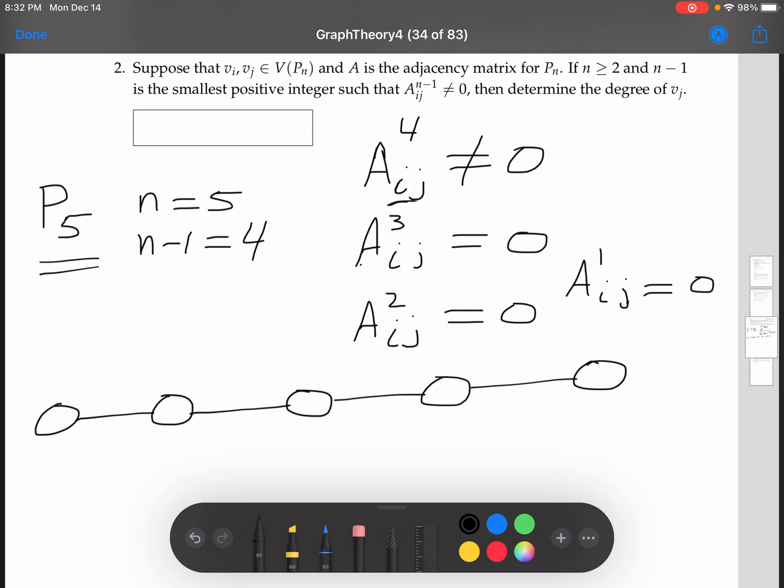All right, so now look at our graph here. Let's say for sake of argument that vi is that vertex and vj is that vertex. Is that possible? The answer is no, it's not possible, because if that was the case, then we would have a 1 edge walk from vi to vj, and so this would not be 0.